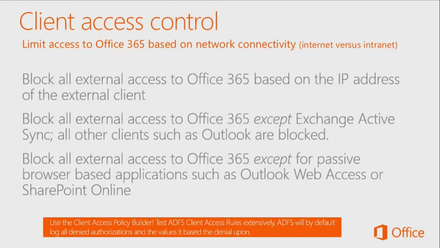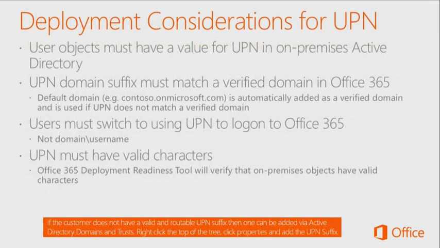So there's not a lot of new client access control built in. There's a Client Access Policy Builder to test ADFS client access rules extensively. ADFS will by default log all denied authorizations and the values it based the denial upon. So there is some logging on ADFS.